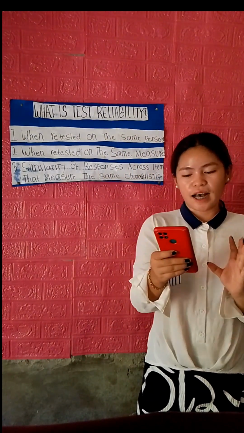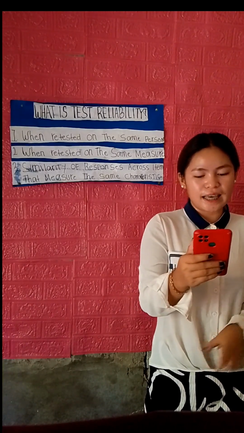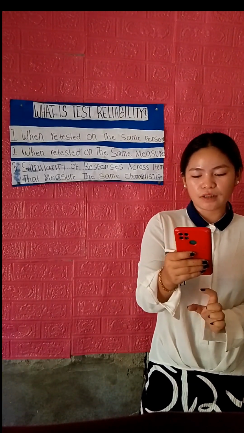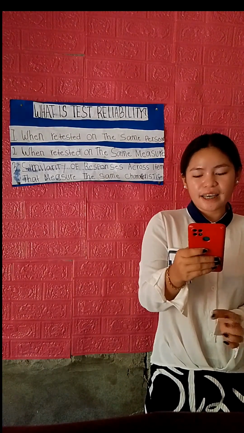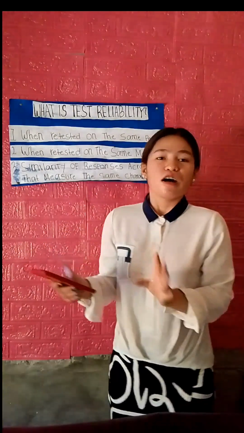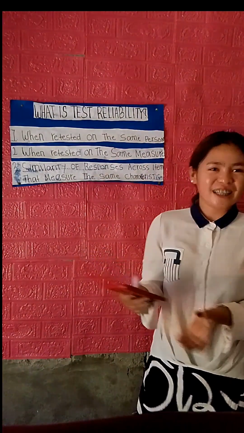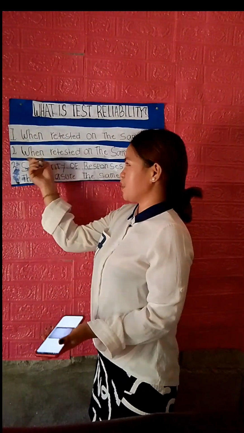For example, a scale that consistently adds 10 pounds to a person's actual weight is reliable but not valid. So that's a test reliability example. We proceed to number one.